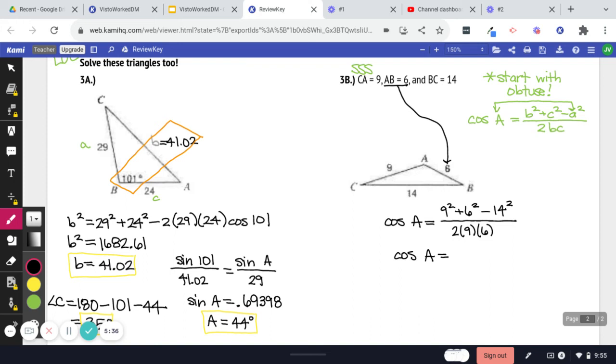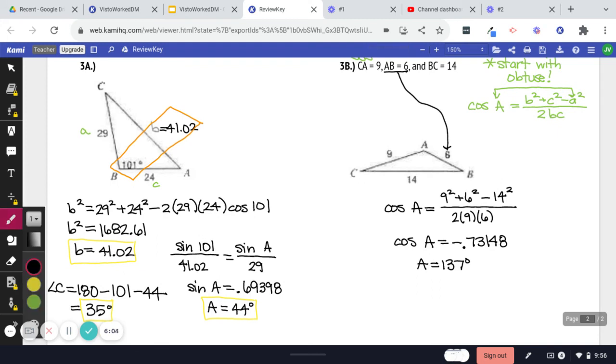And then I'm going to divide that by 2 times 9 times 6. And I'm going to get negative 0.73148. And then I'm going to cosine inverse. And I'm going to get 137 degrees, right? Remember I said if it's got an obtuse angle, cosine catches it better than sine? That's what we want. That's why we used cosine. And that's why we picked the biggest side, right?